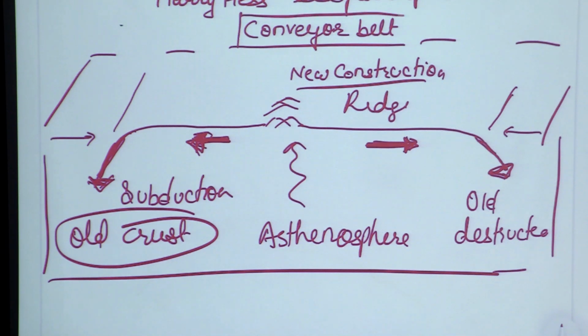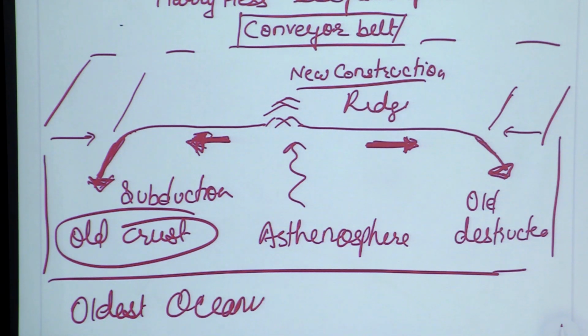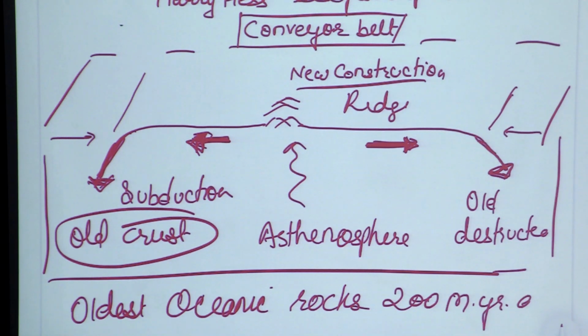Why conveyor belt? Oldest oceanic rocks are not older than 200 million years, whereas continental rocks can be 4,000 million years old.